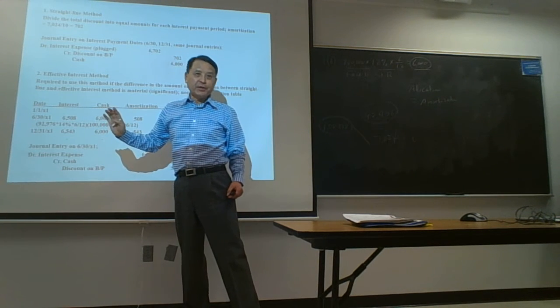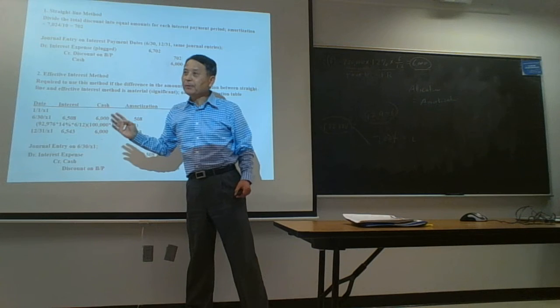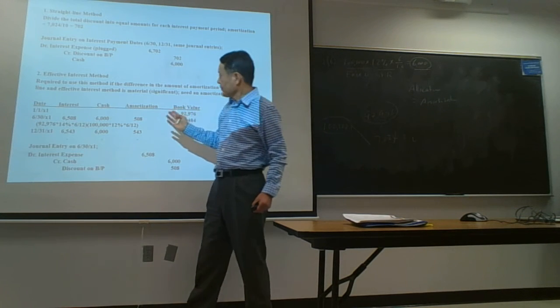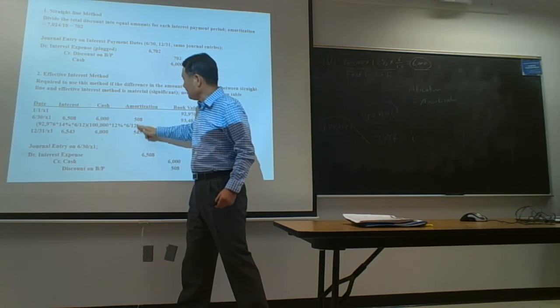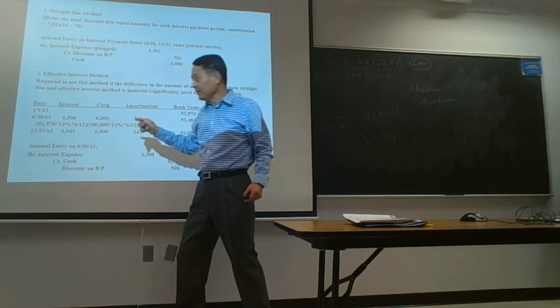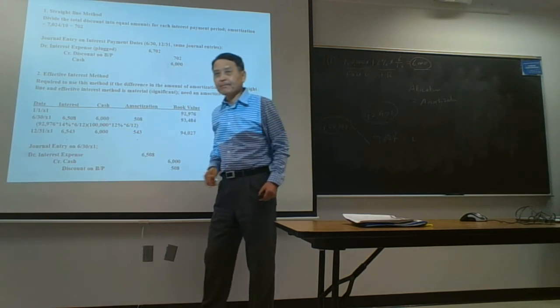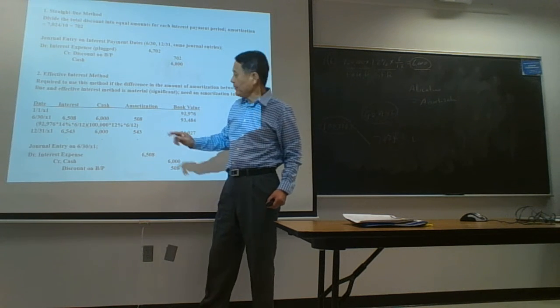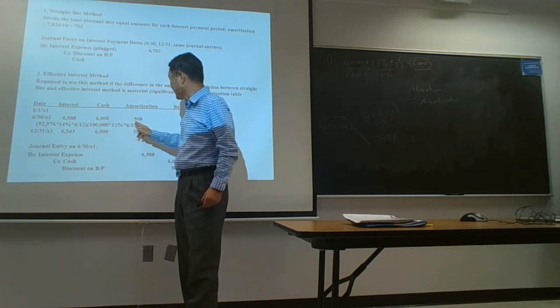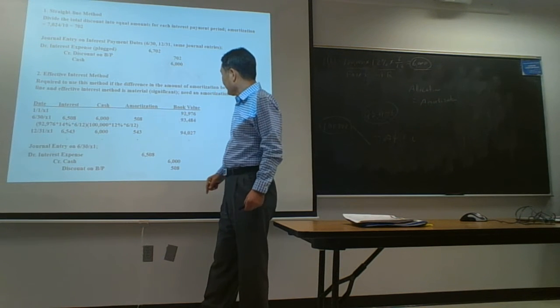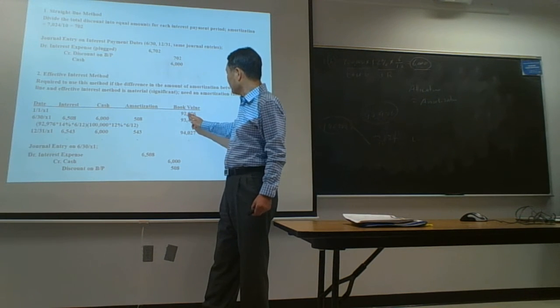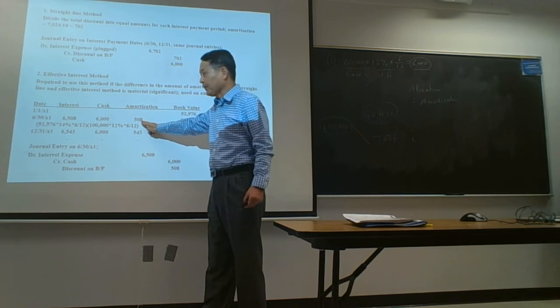Regardless of which accounting method you use, your payment should be the same, $6,000. And this column is the difference between this and this: 6,508 minus 6,000 is 508. And ending book value is beginning book value plus 508.